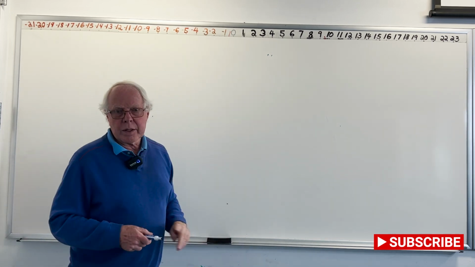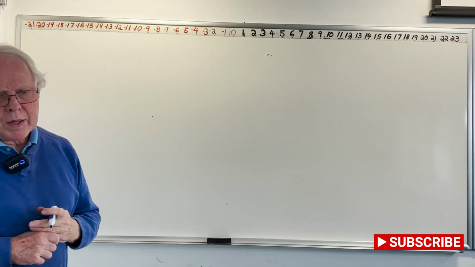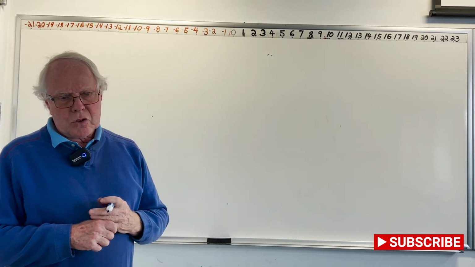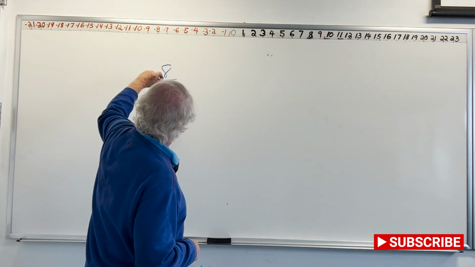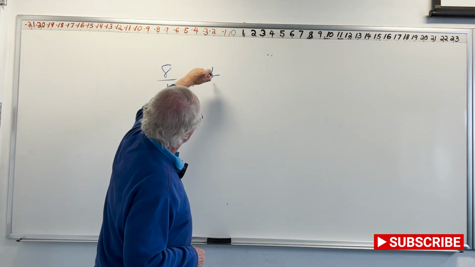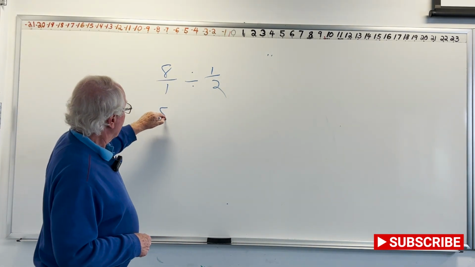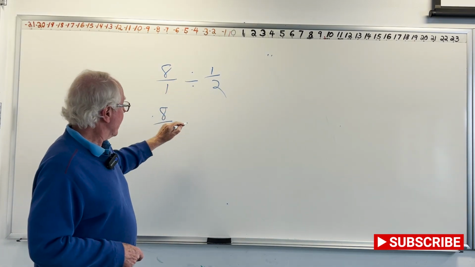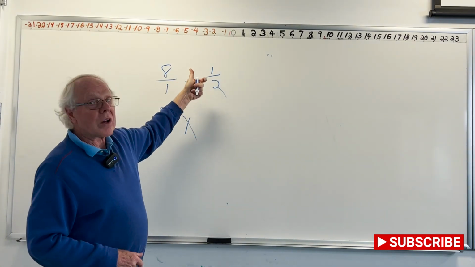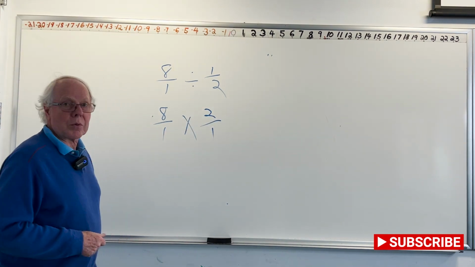Okay, so let's look at another example. 8 divided by 1/2 is the same as what? Times, so we're going to change it from a division sign to a multiplication sign, and we're going to flip it, or change it to its reciprocal.